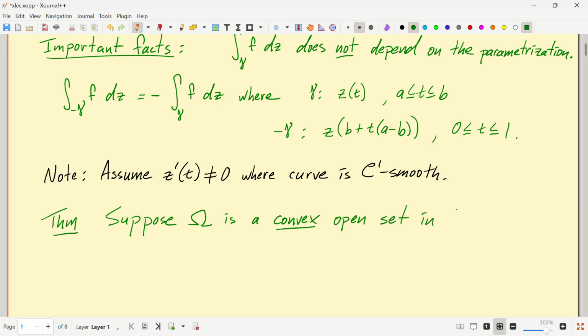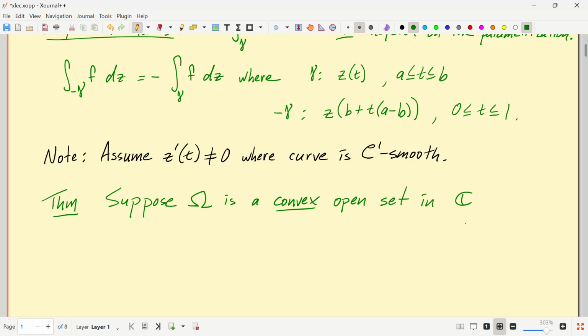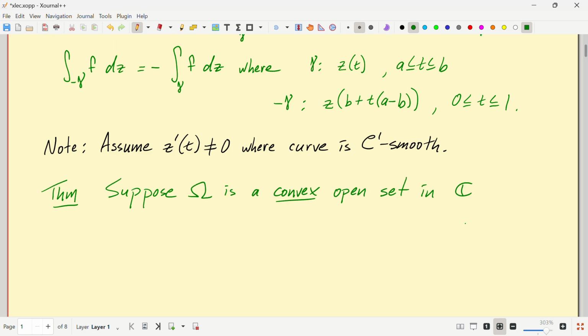in C, and so the theorem is, I'm going to cook up, this is not the Cauchy theorem, I'm going to cook up a complex antiderivative. Oops, wait a minute, this is the Cauchy. Okay, I'm supposing it's a convex set. I'm supposing that f is a function mapping omega into C that's continuous on omega.